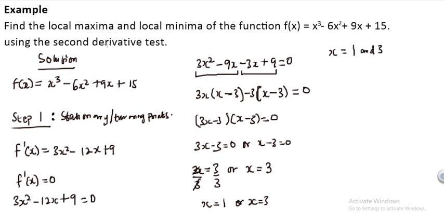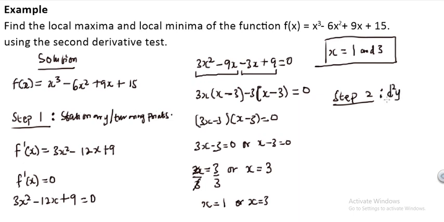So my next step would be to find which of these key points is a local maxima and a local minima. Using the second derivative test, I would simply take the second derivative of my function. So step 2, I would find d squared y over dx squared, which is simply my second derivative, or I can say it as f double prime of x.